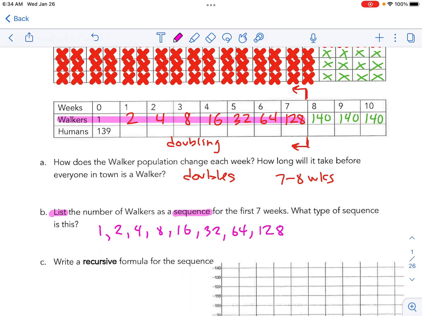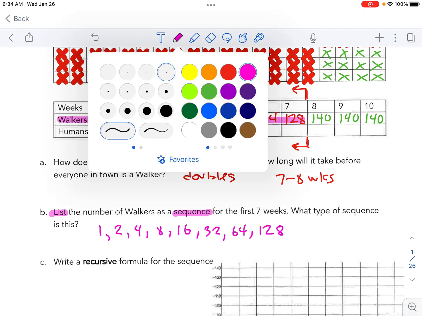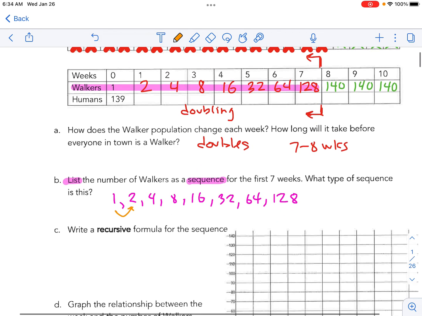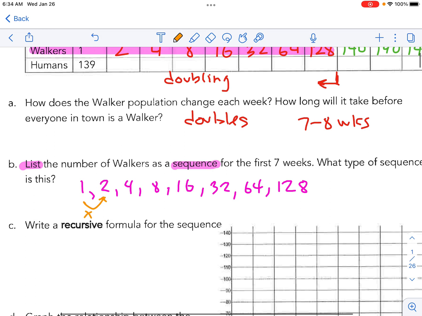And because this is a doubling sequence, in other words, we get the next number in the sequence by multiplying by 2, and that's the pattern. So we are multiplying by 2 just to get that next number as we go through the sequence. We call this a geometric sequence.